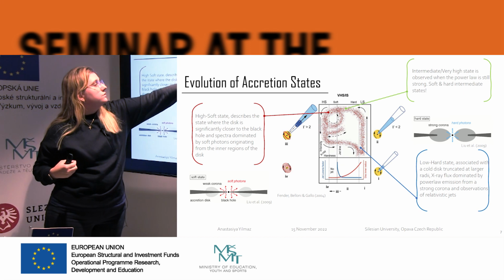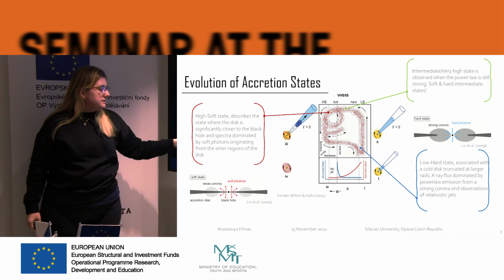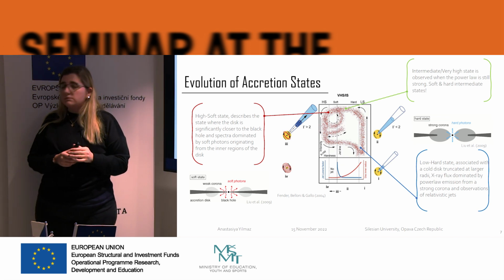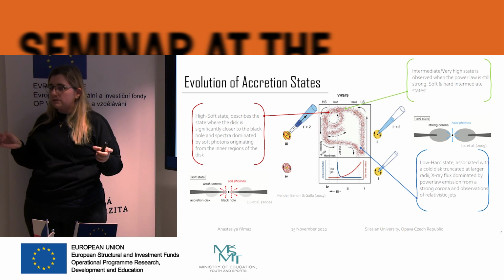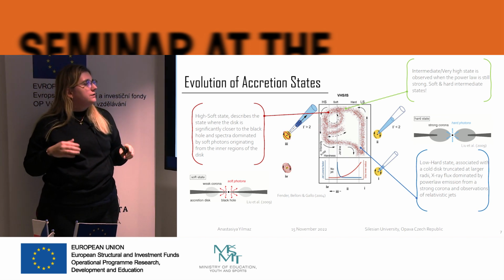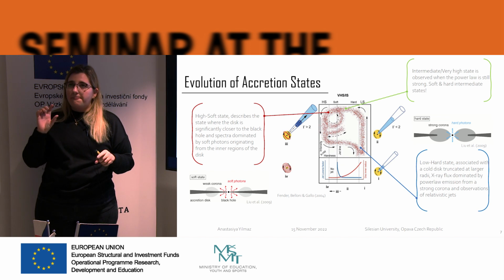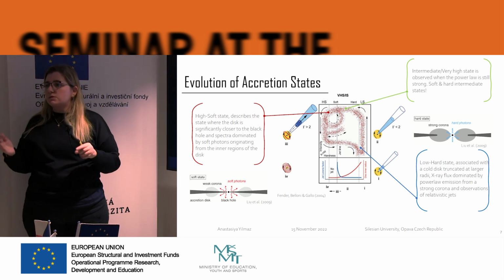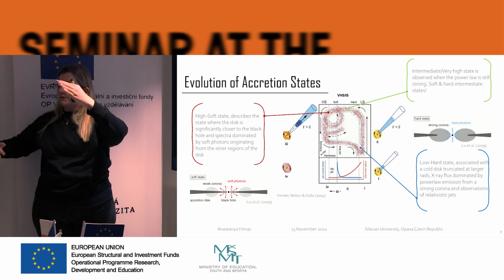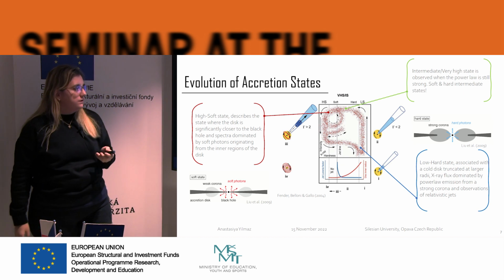Then you evolve to the hard state, which is basically this sketch. It's a very simplistic sketch, but still a very good representation of how the accretion disk looks. The high soft state is where you have a spectrum that is highly dominated by the accretion disk, where the coronal emission is very low, and you have a very soft spectrum.